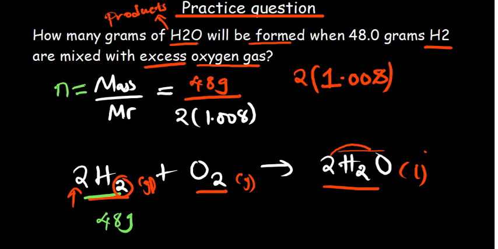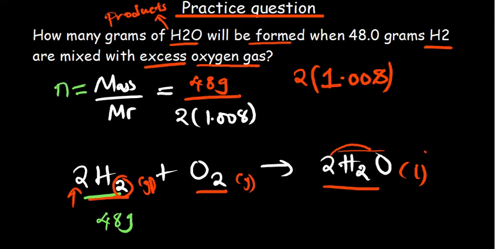So we have 48 divided by 2 multiplied by 1.008. So what answer are you getting? So 2 by 1.008.